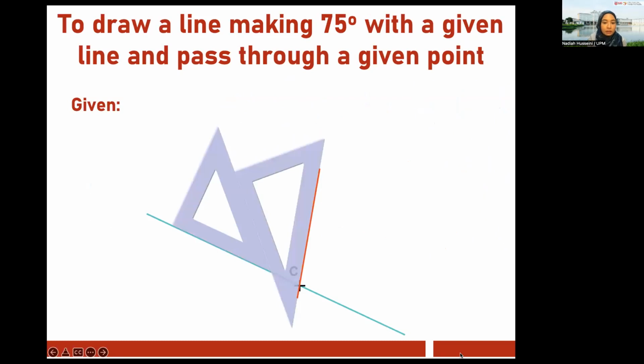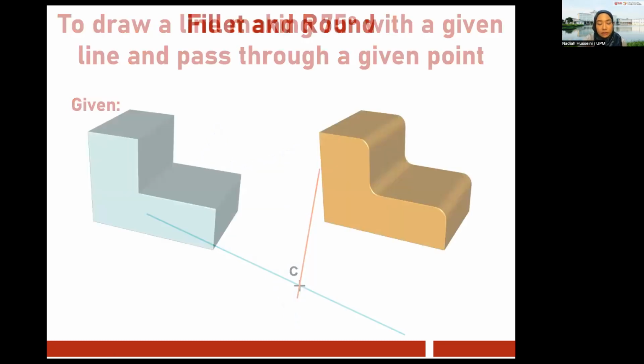So macam mana dapat 75 tu? Anyone? So senang je lah ni. Ni 45 campur 30, dapatlah 75. Okay, 45 campur 30, 75. Also, again, if you have another method to do it, as long as it is correct and makes sense, boleh bagi jawapan tu. Okay, moving on.